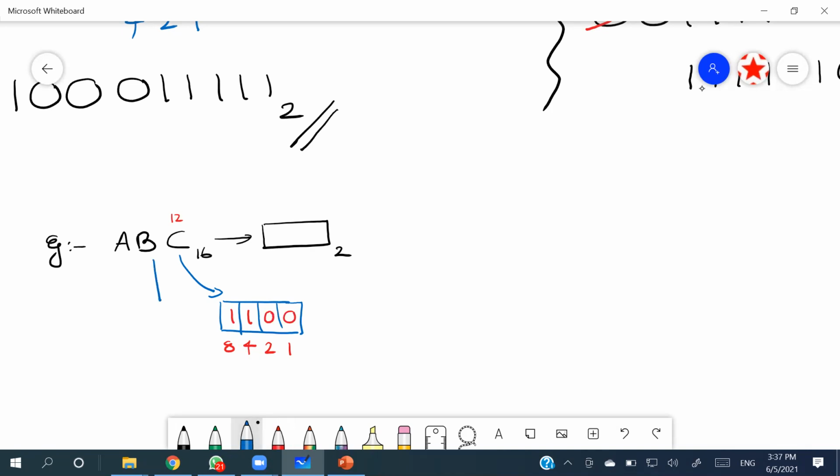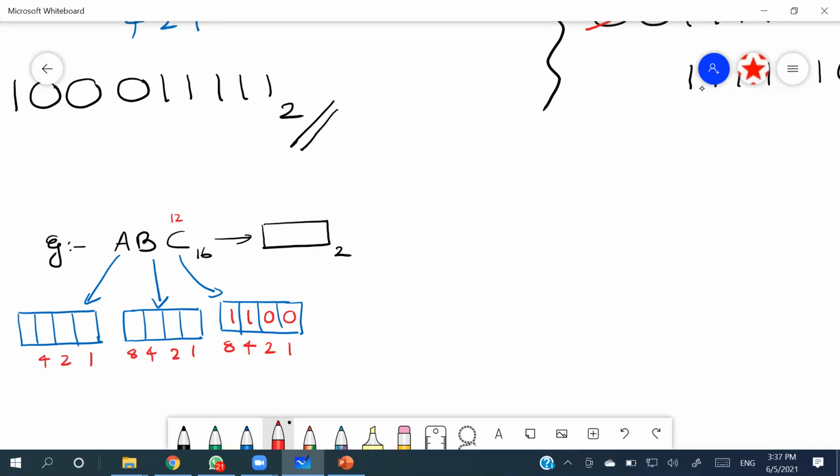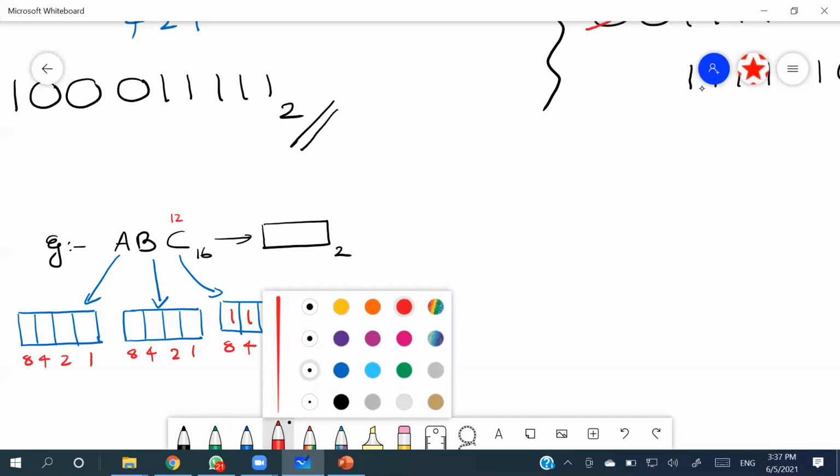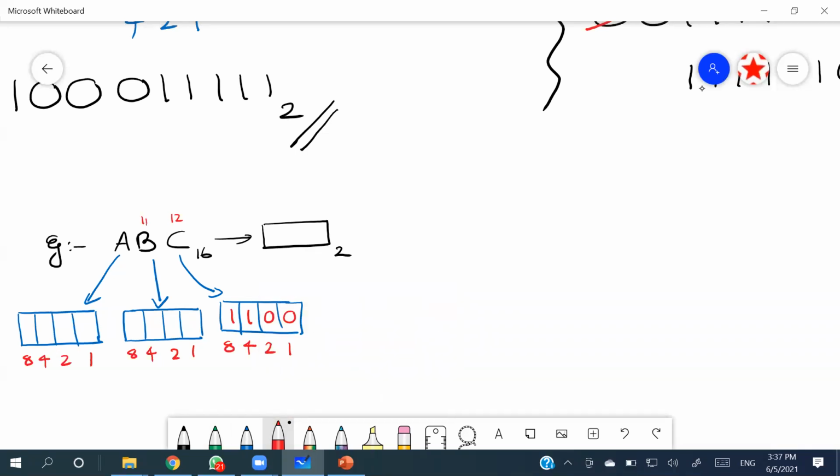The same way we are going to create B using 4 bits. And the same way we are going to create A from the 4 bits. These have the same place values, 1, 2, 4, 8. So let's create. B is 11, A is 10.